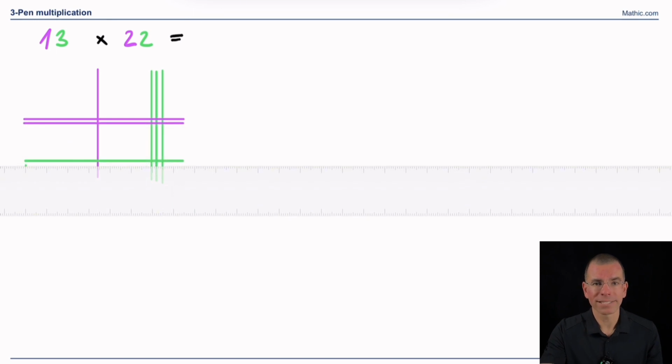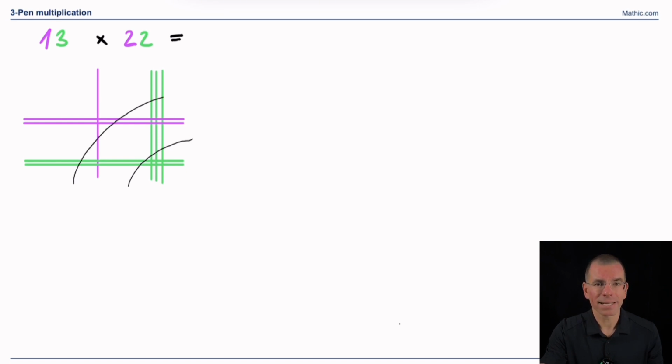We will draw 2 lines in pink and 2 lines in green, both horizontally. We will draw 2 supporting lines that will help us by visually separating ones, tens, and hundreds. By counting number of intersections in each separated area, we will get the multiplication result.